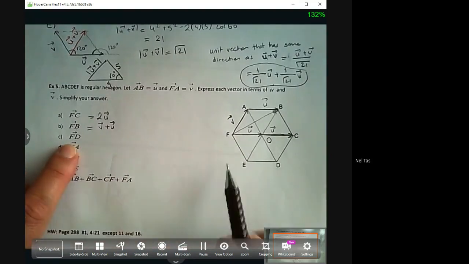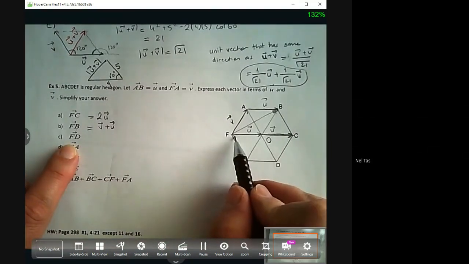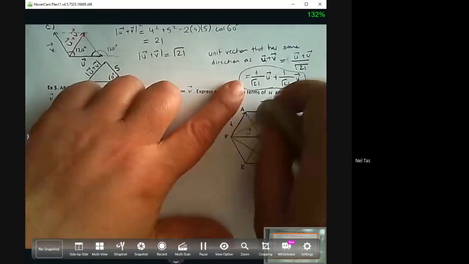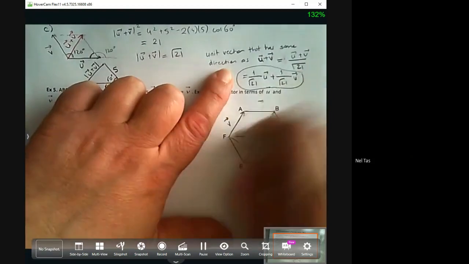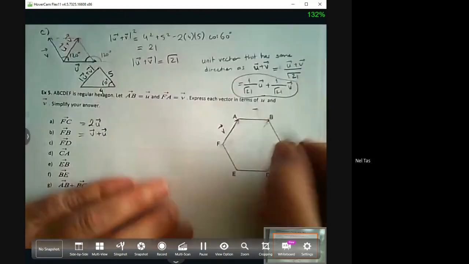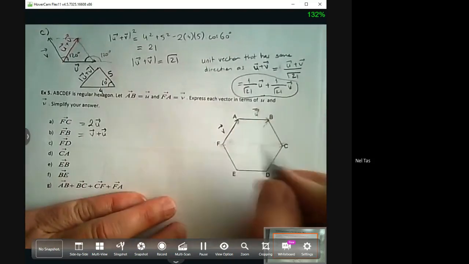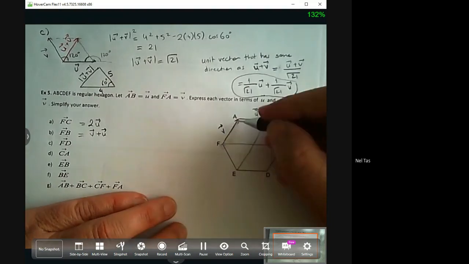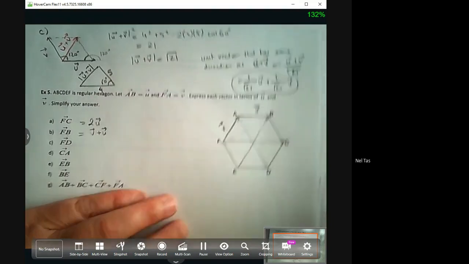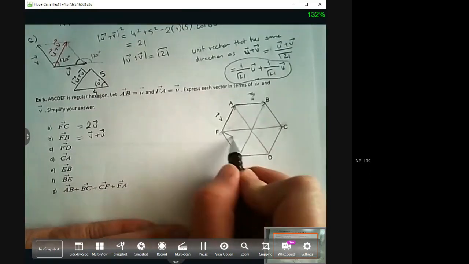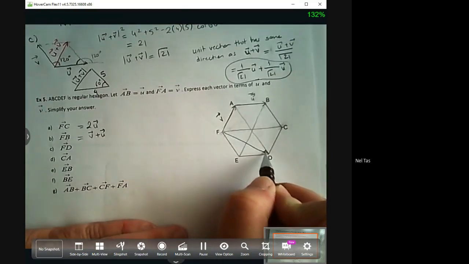FD, now we are doing FD. Maybe I should erase some of these so that it is not very confusing here. So this is U. Oops. I shouldn't erase those. FD. At the same time, you may start thinking, how can you get FD?